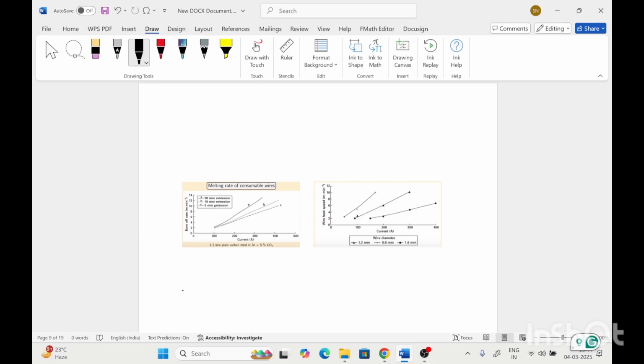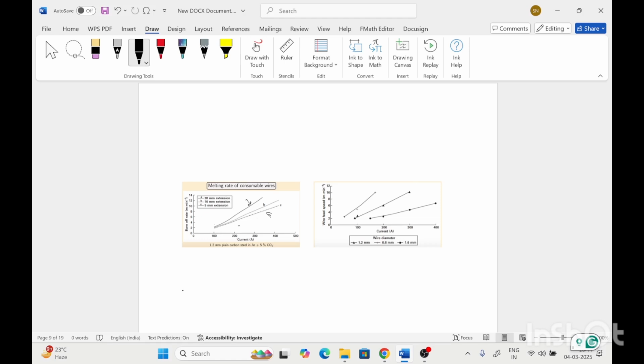For a 5 extension, this curve is followed, and this A is for the highest stick out length. For a 20 extension, the burn off rate has a higher slope as compared to the other stick out lengths.